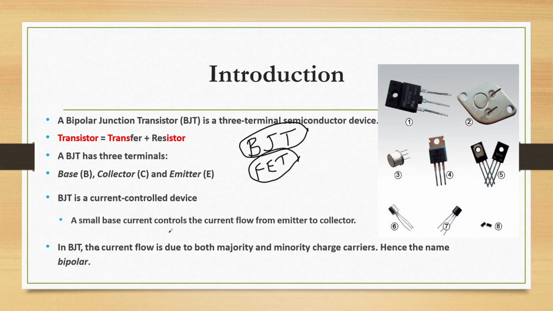So as the small base current controls the current flow from emitter to collector, we name this BJT a current controlled device. And in a BJT, the current flow is due to both majority and minority charge carriers, hence the name bipolar. Also this BJT will have two junctions.